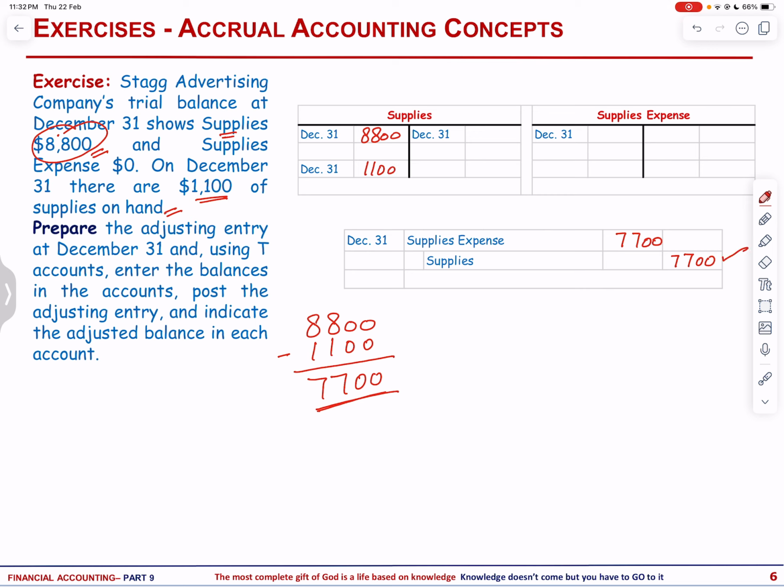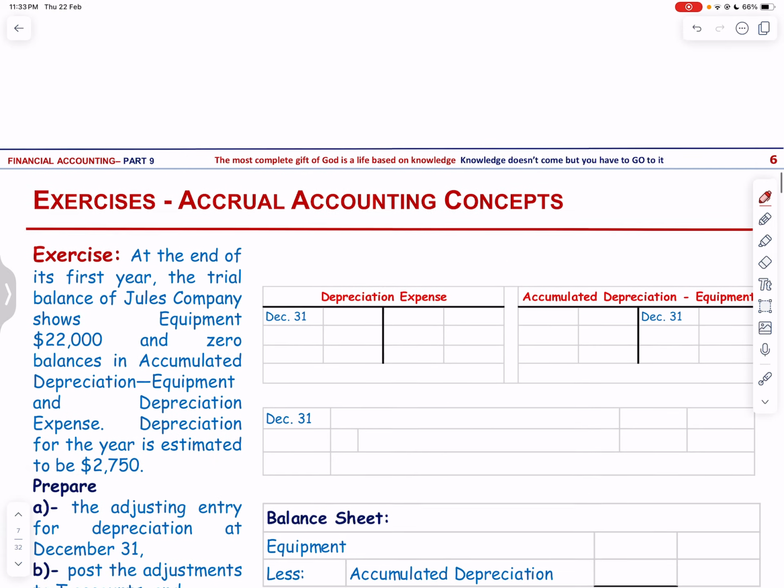Supplies is credited by 7,700 and supplies expense is debited by 7,700. So after the adjustment, supplies expense is 7,700 and supplies after adjustment are 1100. Let us move on to the next exercise.